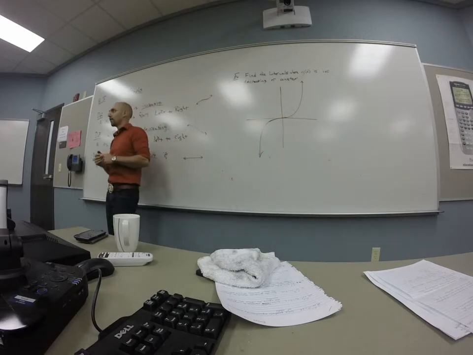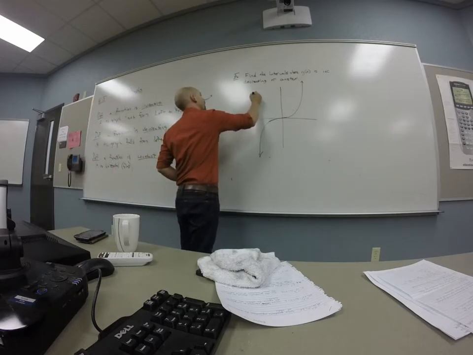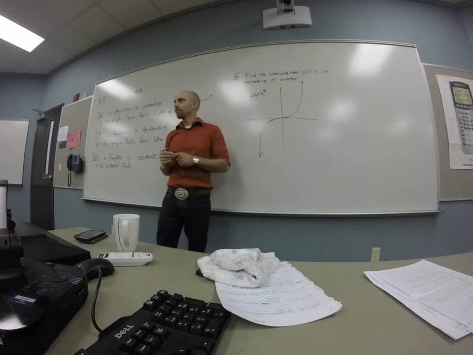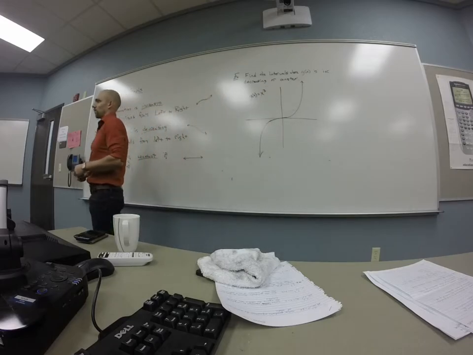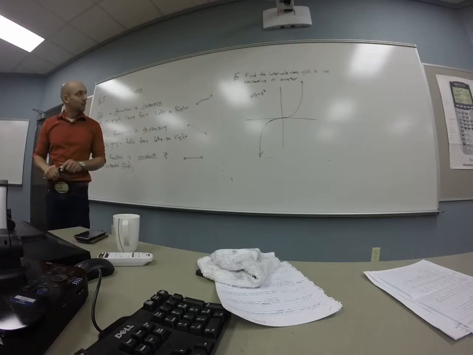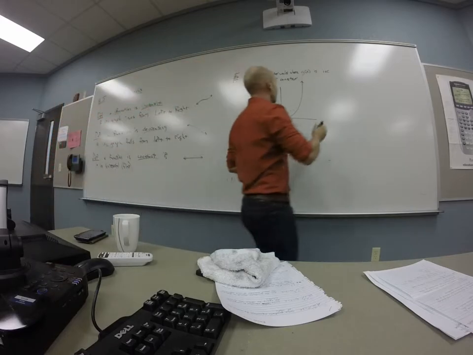You guys see this? This is a graph of a function that we'll talk about later. This is g of x is x cubed. Does that mean g of x is increasing? Sorry, I didn't write the word out.